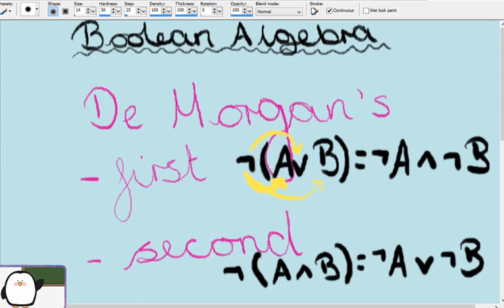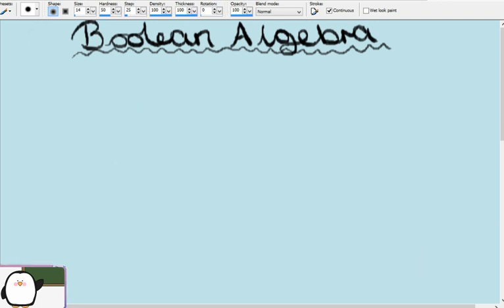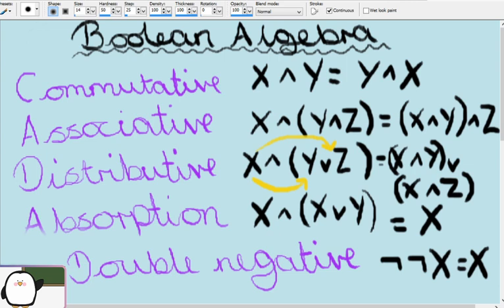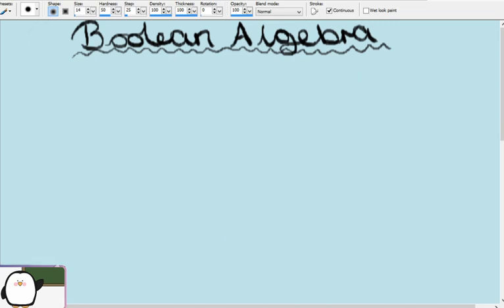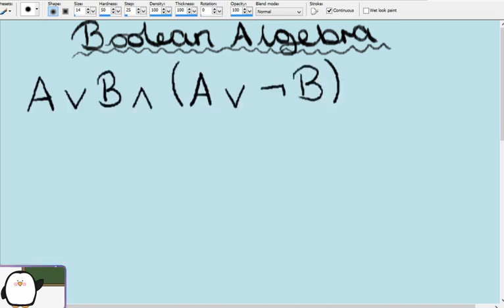So those are all of our laws. We have De Morgan's first and second law, we have our commutative rule, our associative rule, our distributive rule, our absorption rule, and our double negative rule, along with all of our general rules. So for this session we're going to have a go at answering this question.